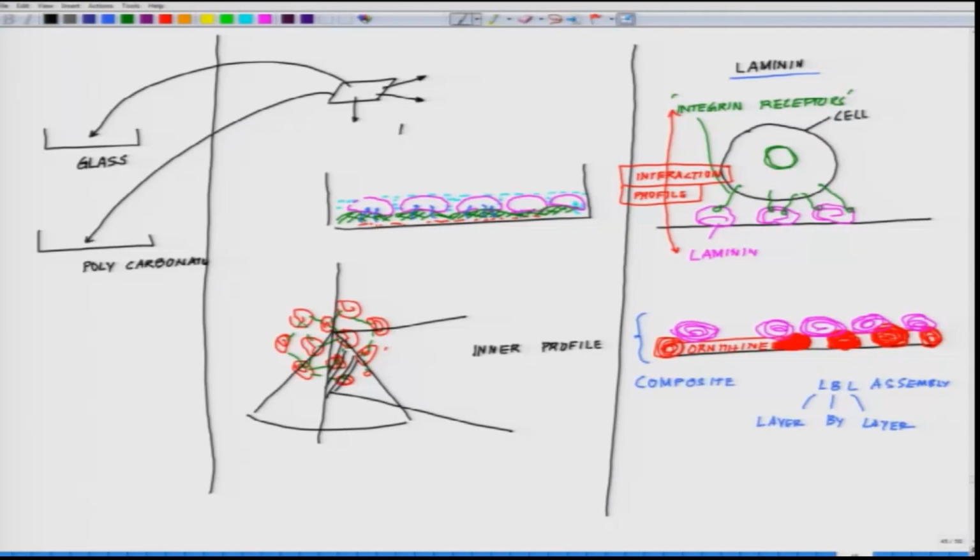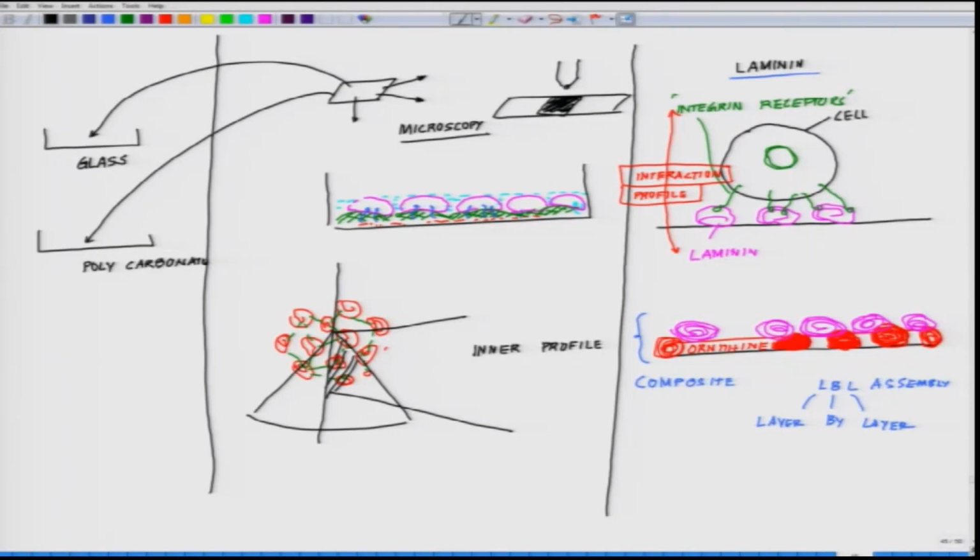Especially microscopy becomes much easier. You take the glass, you prepare a slide like this, and you visualize it. This is how most of these things work. So now coming back to where I was.